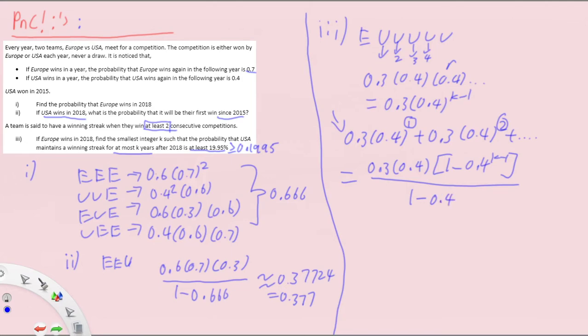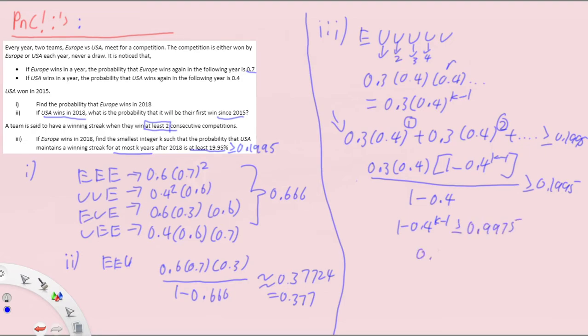Now this expression has to be greater than or equal to 0.1995. From here, we have 1 minus 0.4 to the power k minus 1 bigger than or equal to 0.9975.